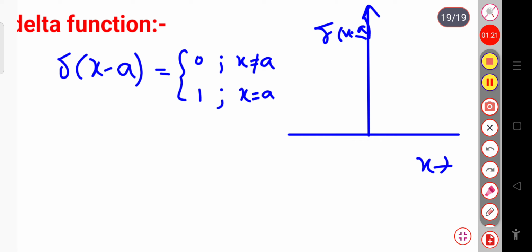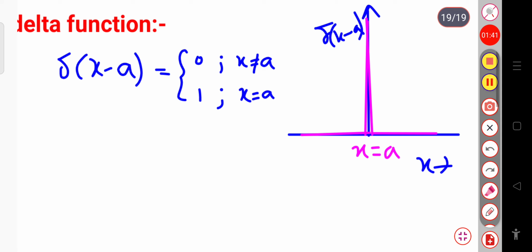Suppose this is the point x equal to a. It means that at this point, its value will be like this, very close to the x-axis, and somehow looks like this.